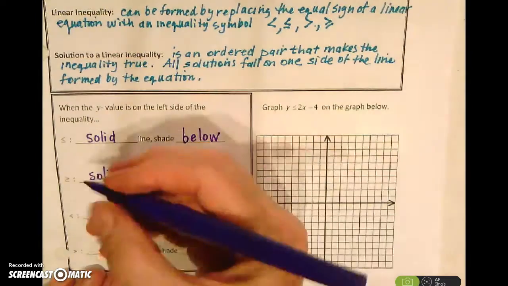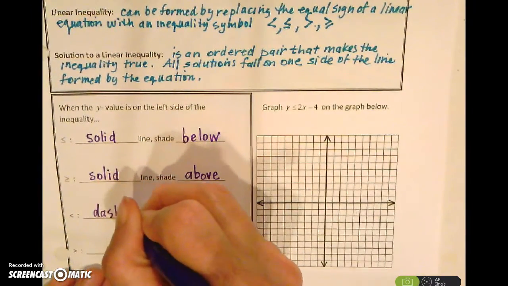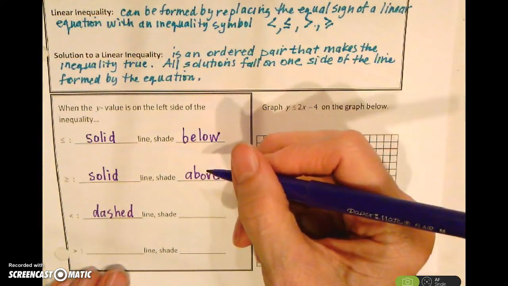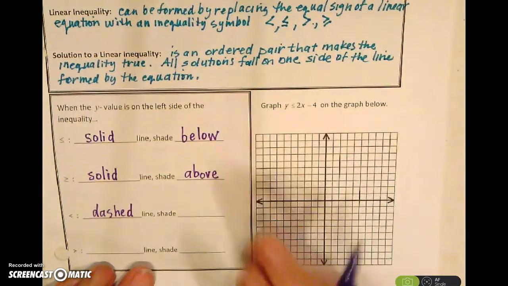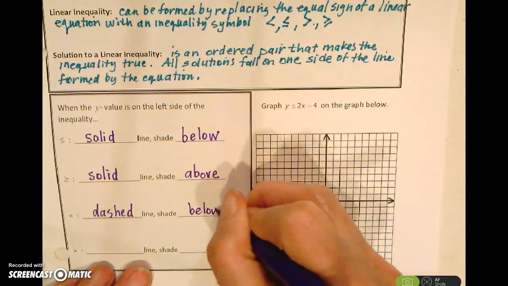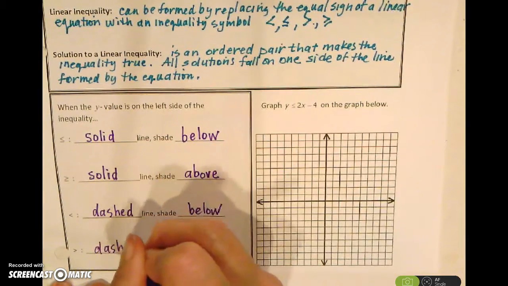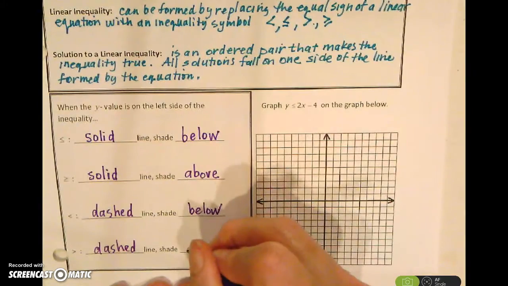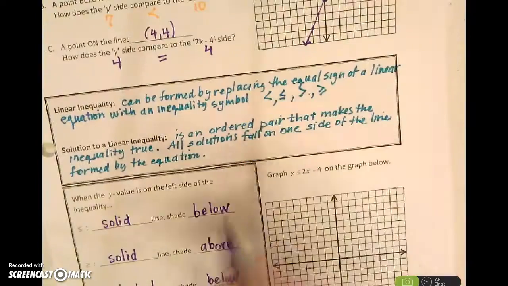For a less than, it's going to be a dashed line, which means that the line itself is not a solution, but it's the boundary line for the solutions, and we're still going to shade below the line. And if it's greater than, again, it's going to be dashed, because the line itself is not included, and we're going to shade this time above the line.